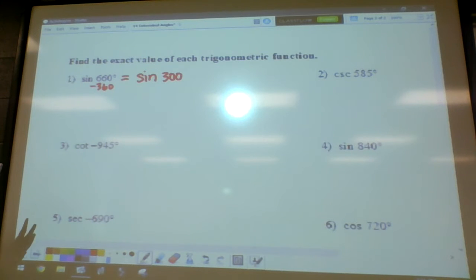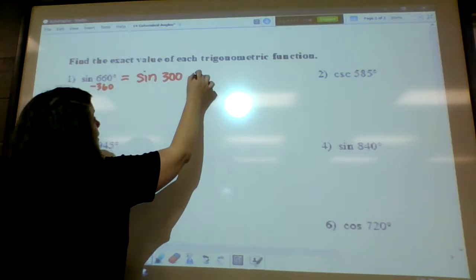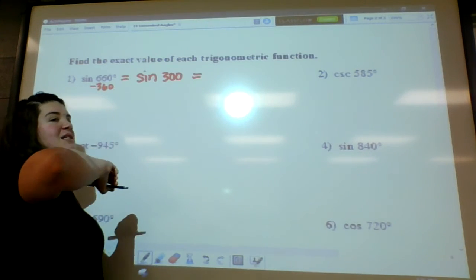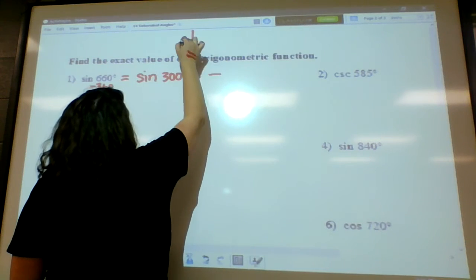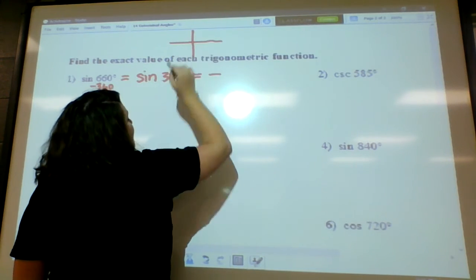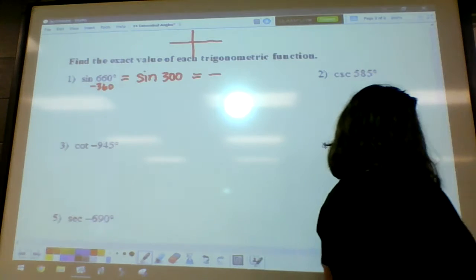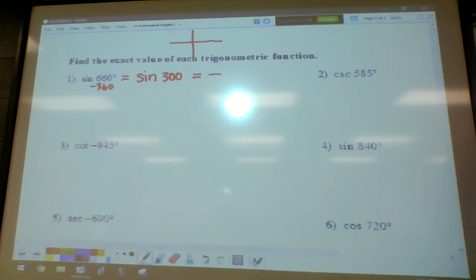Now, 300 is not in the first quadrant, is it? No. What quadrant is it in? The fourth quadrant. Is sine positive or negative in the fourth quadrant? It is negative. And if you need to make yourself a little chart, in the first quadrant, what's positive? Everything, they're all positive.